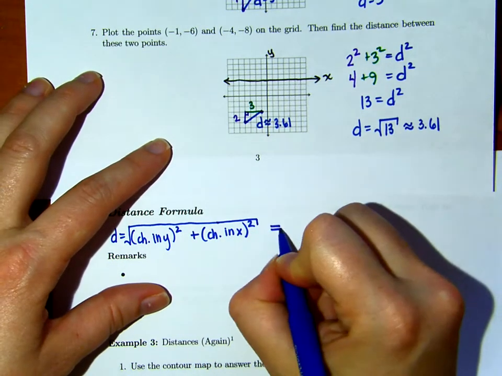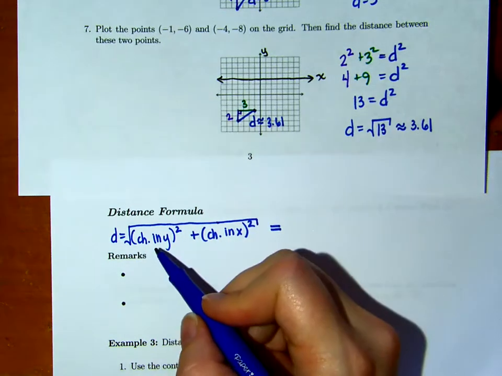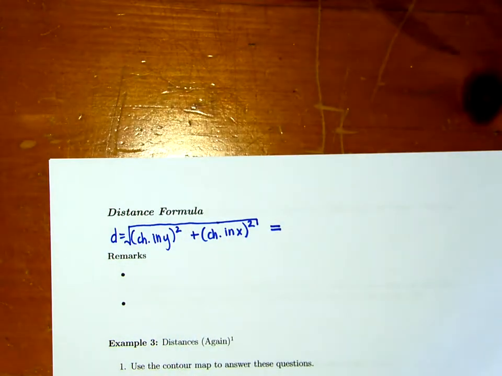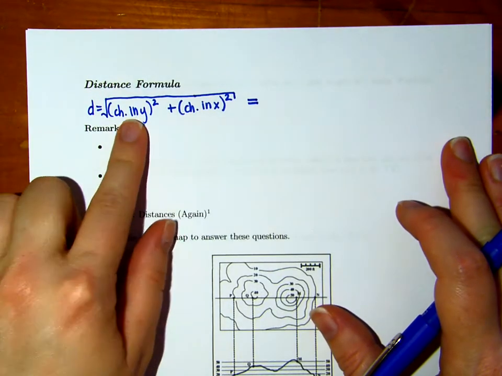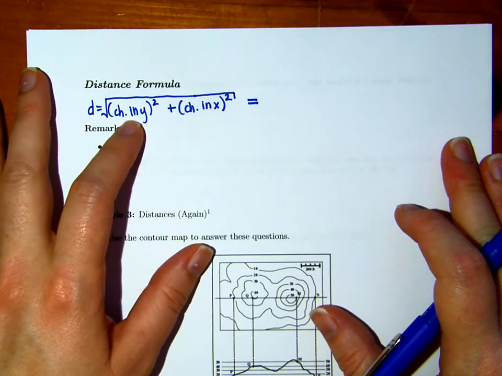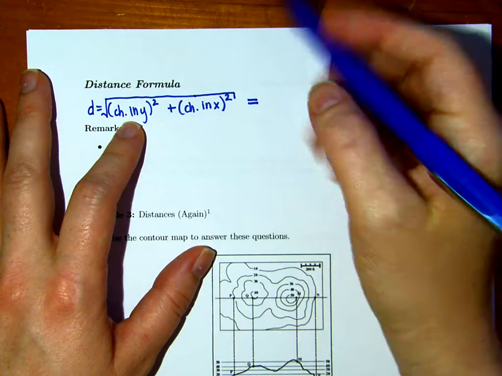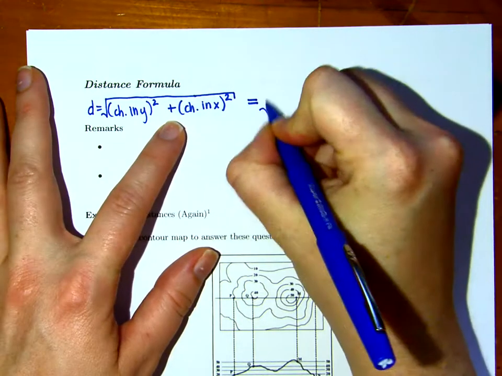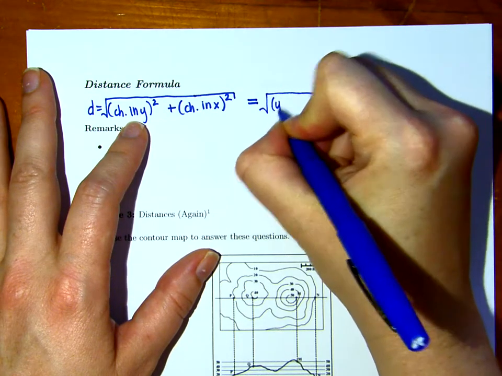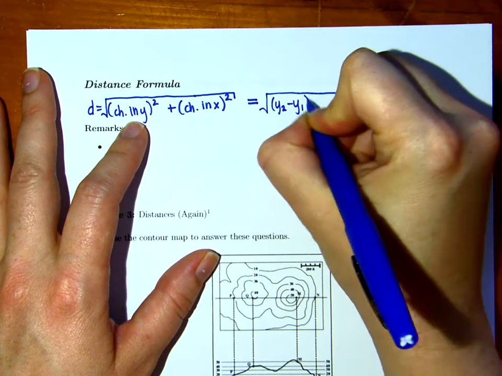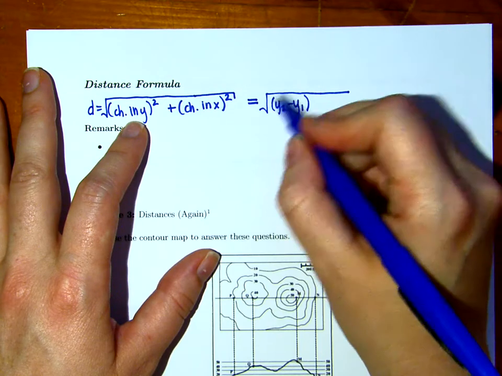And so how do we find the change again? Well, we had created a formula for this, and we still do the same. In order to find the change, you just subtract the two values. So to find the change in the y's, we would do y2 minus y1, or y1 minus y2, it doesn't matter, by the way.